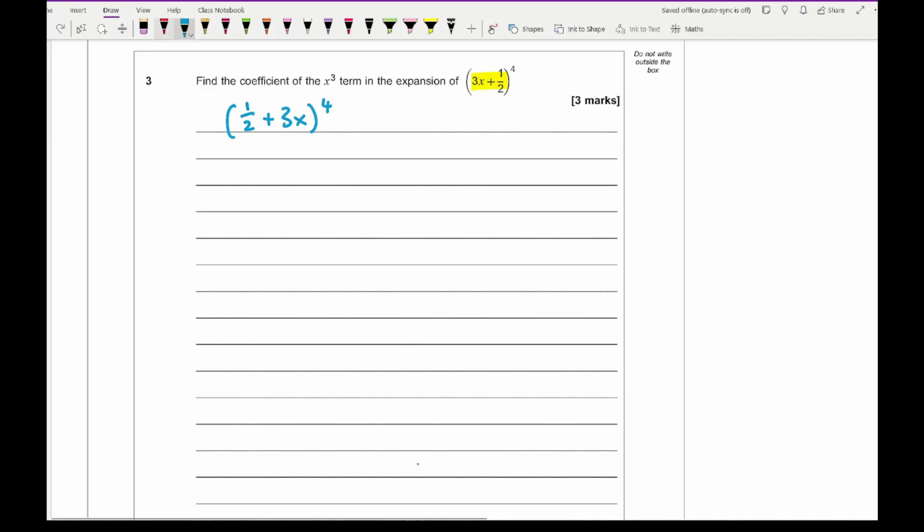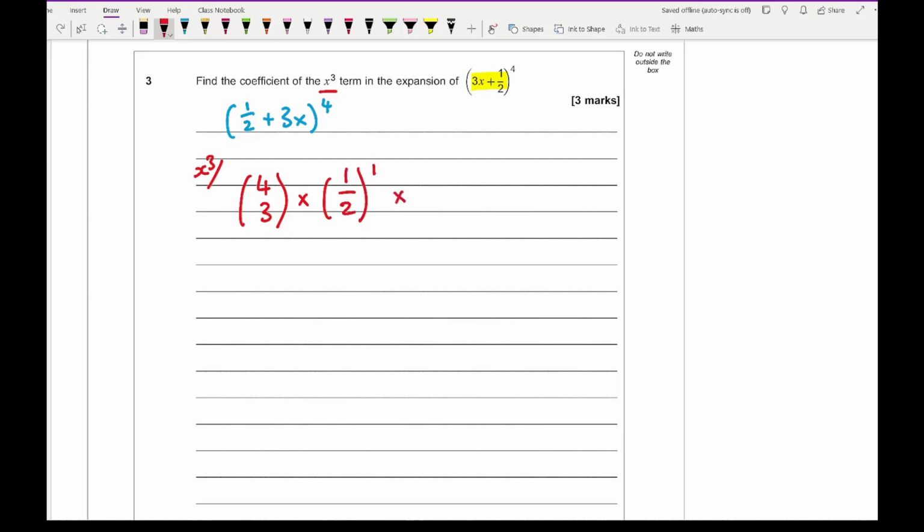So from this, depending on how you work with binomial expansions, because we're really interested in one term of x cubed, then I know that my Pascal's coefficient is going to be 4, 3. I multiply the first term to the power of n minus r, which is going to be 4 take away 3, which is 1.